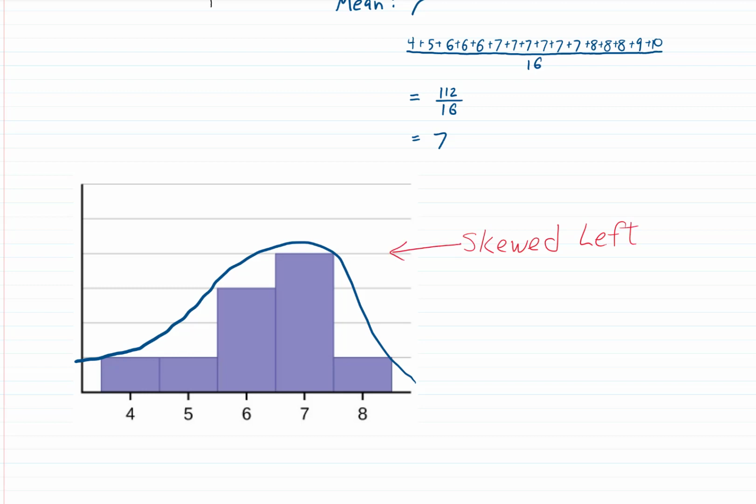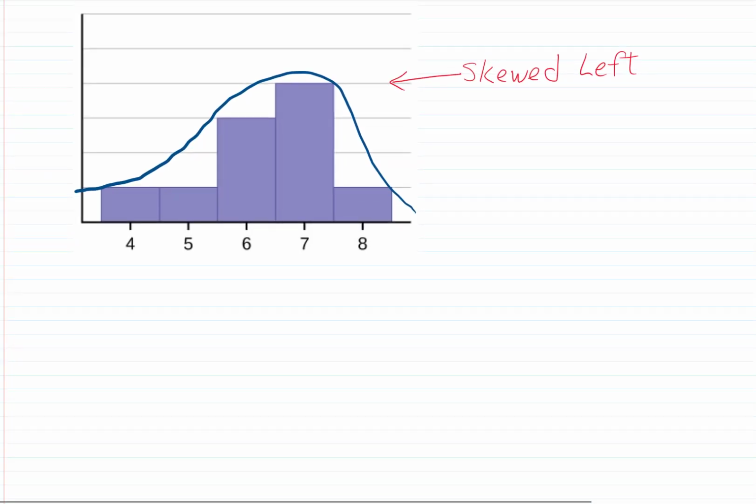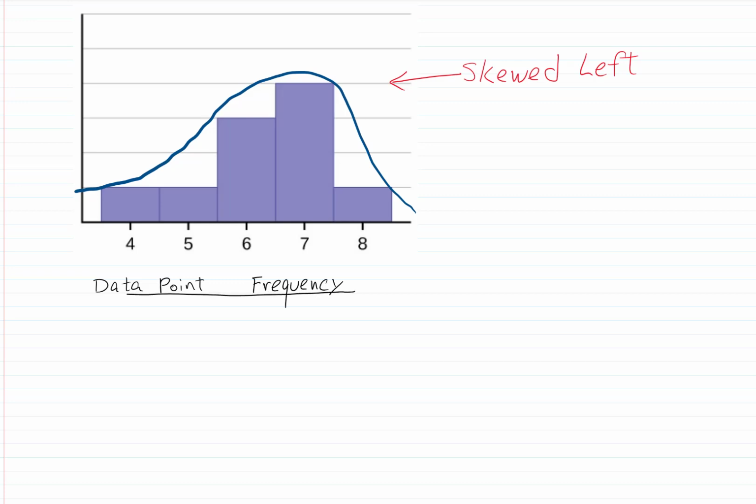Okay. Now let's find the median, mode, and mean for this data set. Okay. Let's practice doing a frequency table. Let's write the frequencies in the picture.